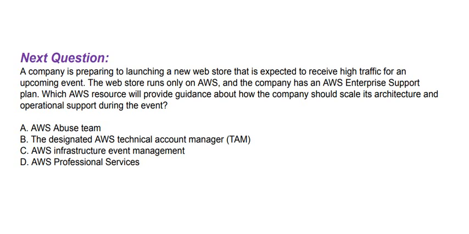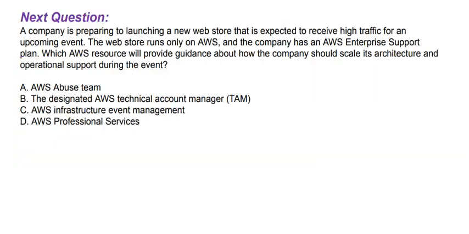Option A, AWS Abuse Team. Option B, the designated AWS Technical Account Manager. Option C, AWS Infrastructure Event Management. And option D, AWS Professional Services. The correct answer is option C.